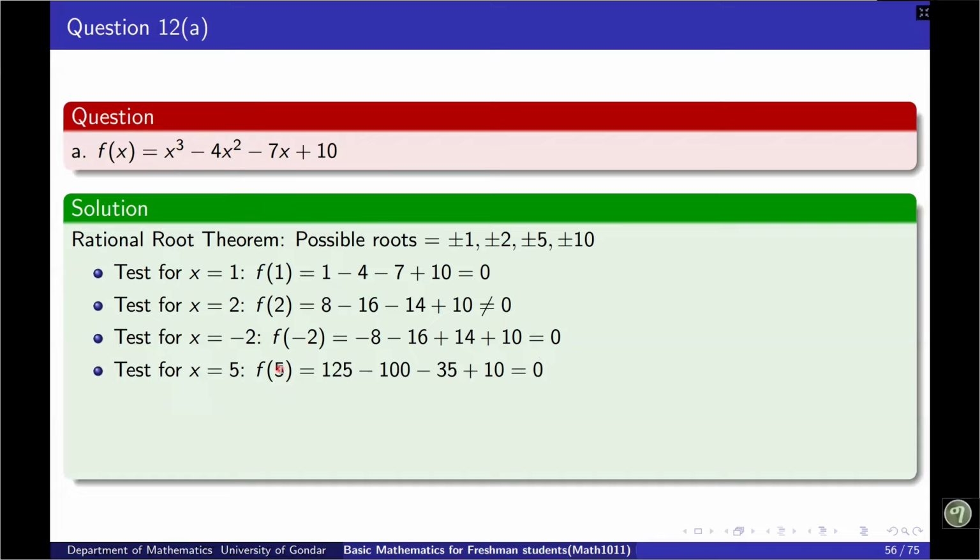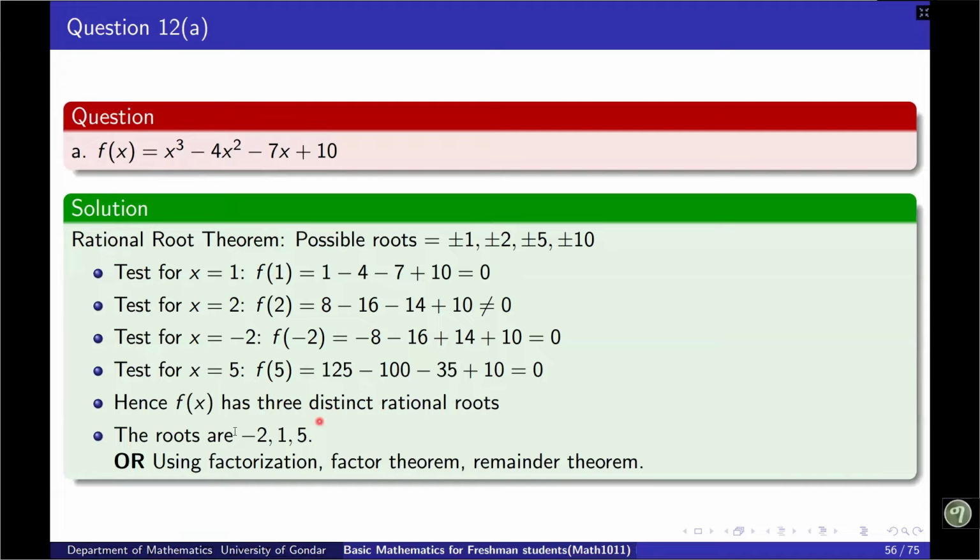Similarly for 5, f of 5 is also 0. Therefore all the rational roots of this polynomial function are 1, negative 2, and 5. Hence, f of x has 3 distinct rational roots, and the roots are minus 2, 1, and 5.